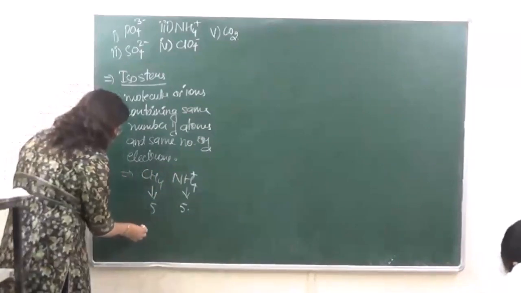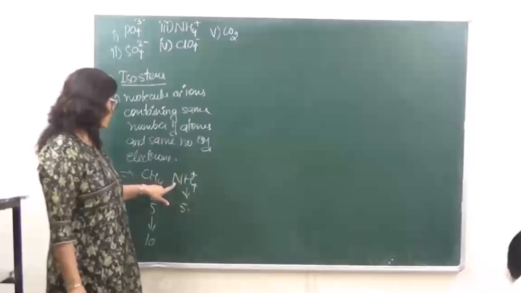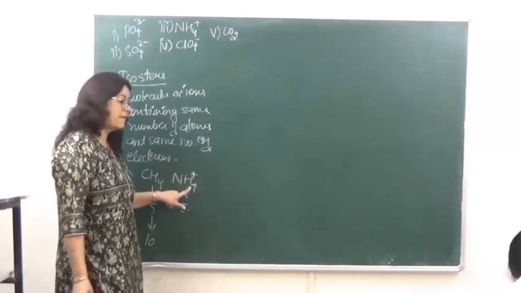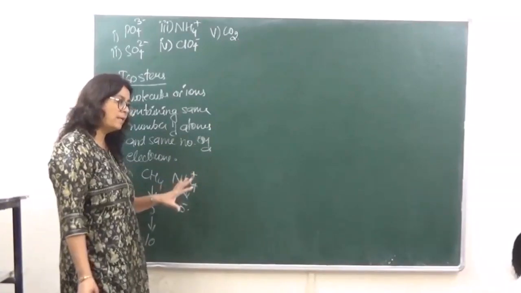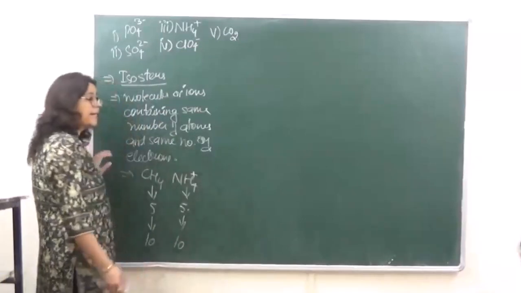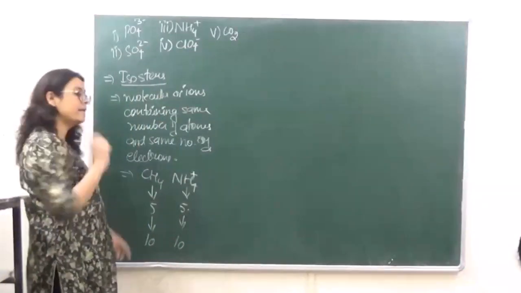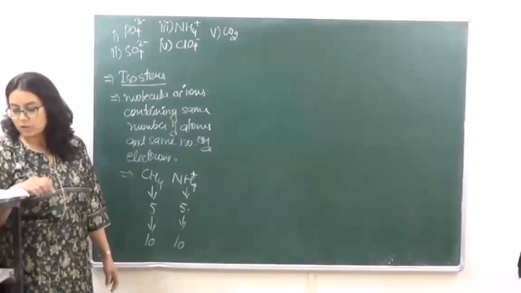So the number of electrons is going to be 10. In case of nitrogen, there are 7 electrons. 7 plus 4, 11. Because there is a positive charge over here, minus 1. So the total number of electrons is 10. So CH4 and NH4 positive are said to be isosteric species.